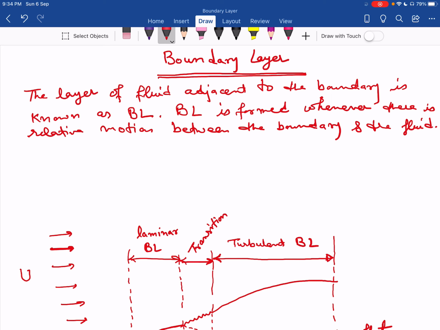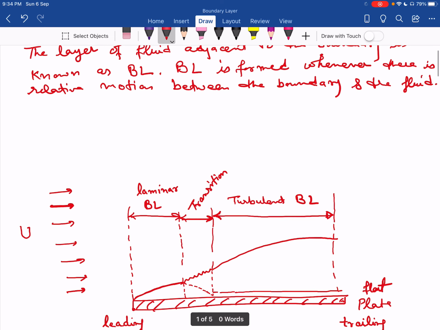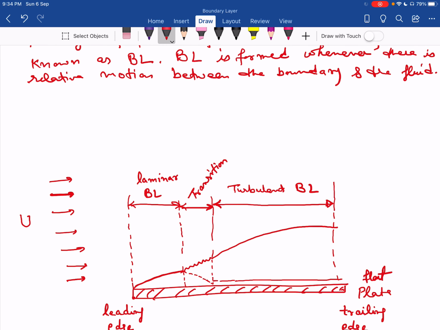So the boundary layer exists only when there is a relative motion between the fluid and the boundary. Now the boundary here is the boundary of the plate. That is stationary and the fluid is moving above this plate. So there is a formation of boundary layer.